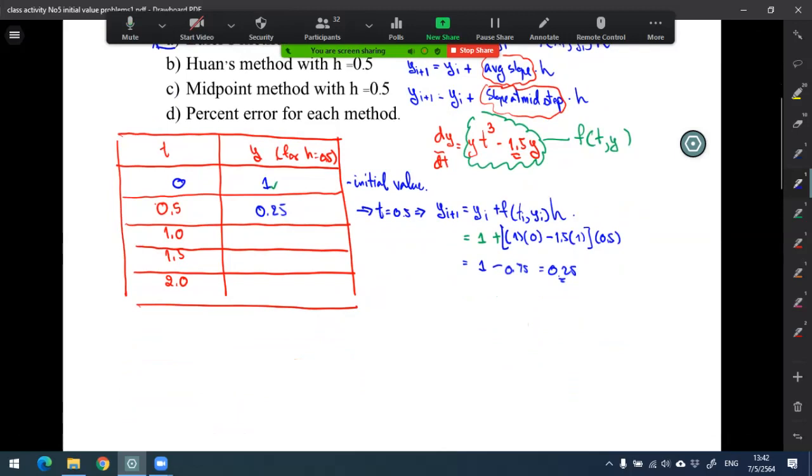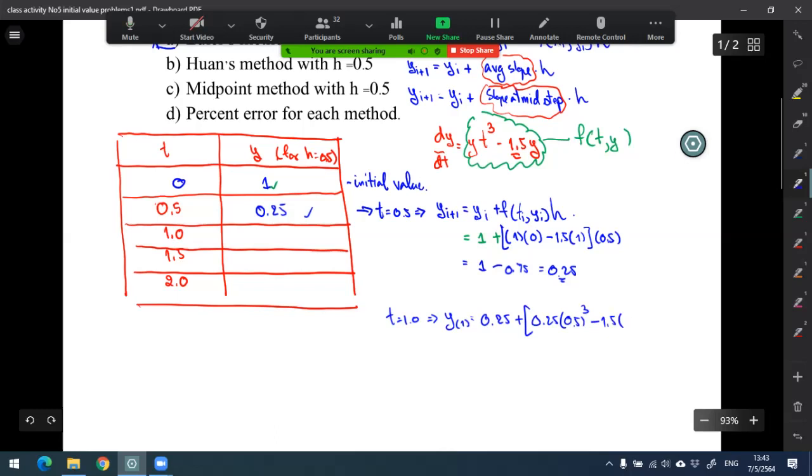For the next step, when time equal to 1, we have to use this as the initial value for the next step. 0.25 plus 0.25 multiplied with 0.5 cubed minus 1.5 multiplied with 0.25.